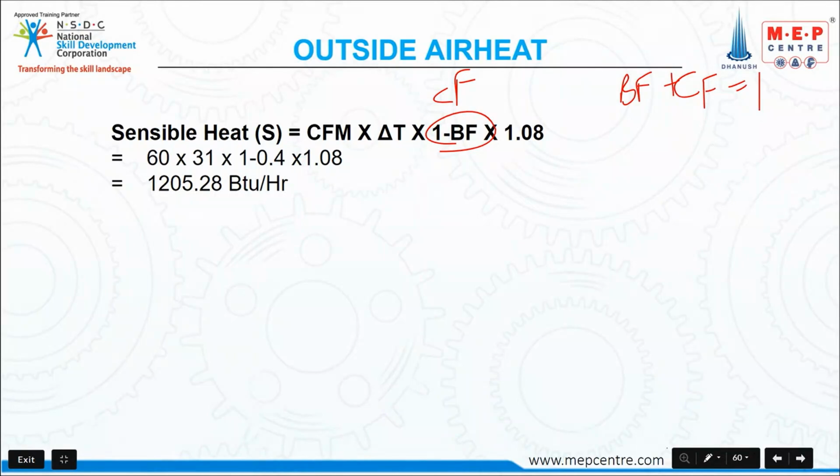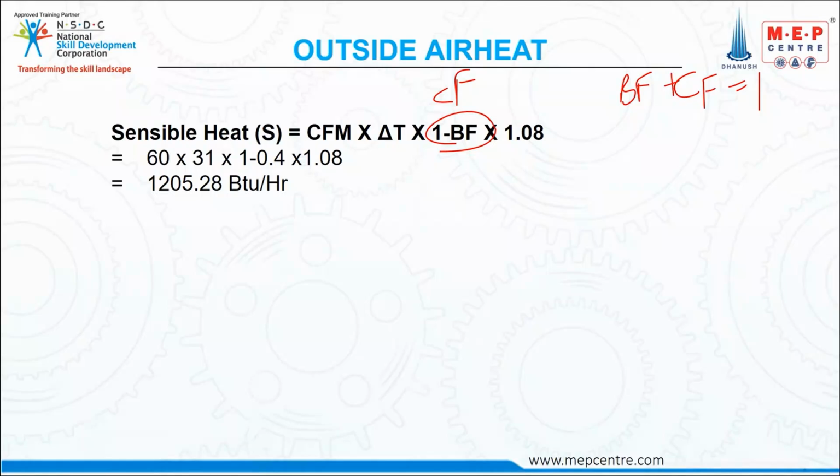So, outside air heat. Yesterday we calculated the outside air CFM, right? That CFM again we are taking as 60 into delta T, ODBT minus IDBT, which is 106 minus 75, that is 31, into 1 minus 0.4, which is 0.6, into 1.08.